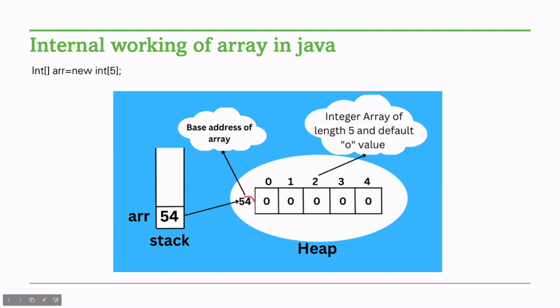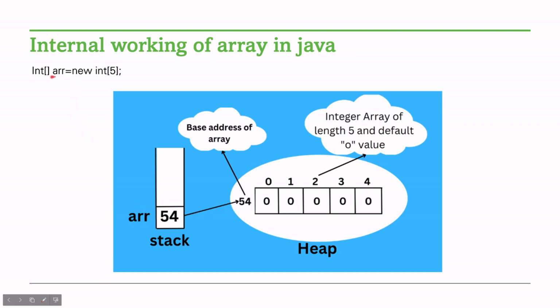Then comes the base address of the array. The base address of the array is where the array starts, like we can say where the array is. This base address is stored in the stack beside the variable. Whatever variable you have declared, beside that the reference to the base address is stored.